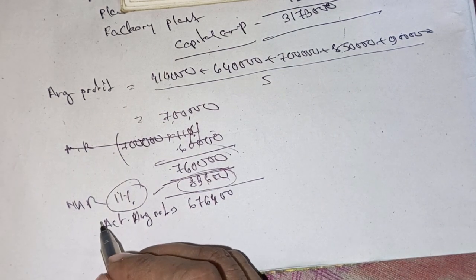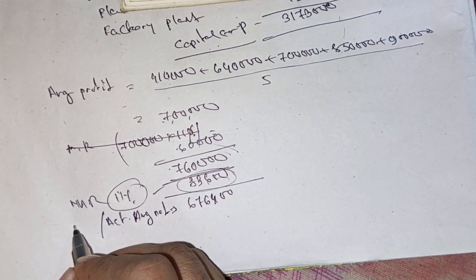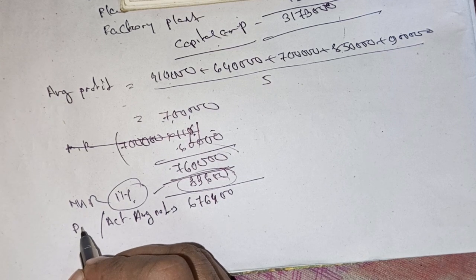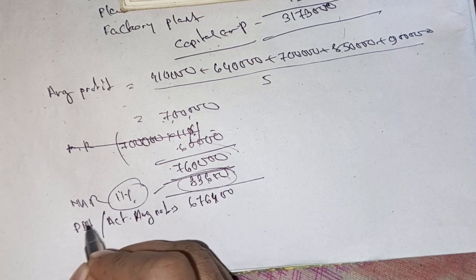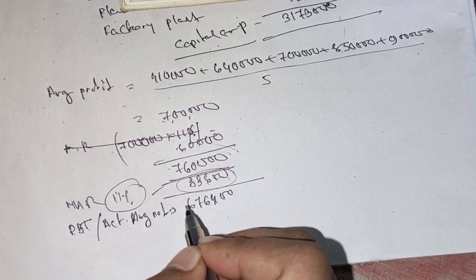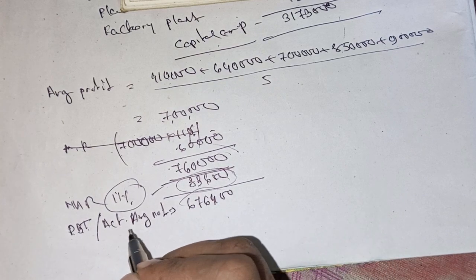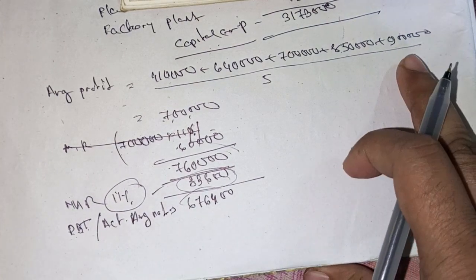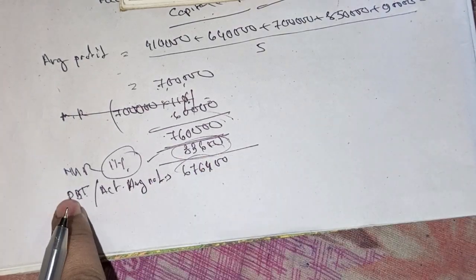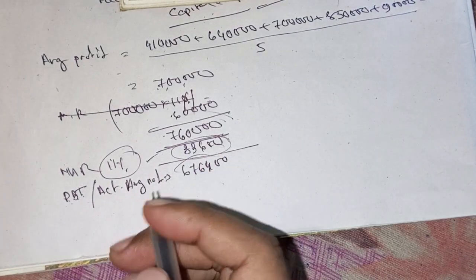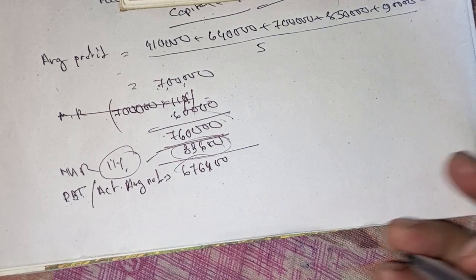You can say it is PBT. PBT means profit before tax. This is called profit before tax, or actual average profit. Now we have to consider taxation.